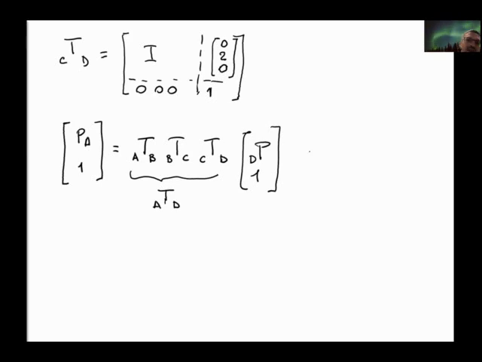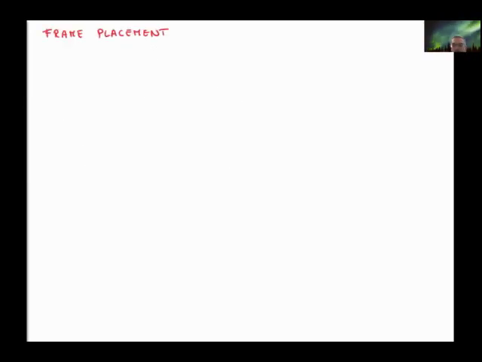And if you try MATLAB with this data, there is an exercise, you will get these values. Okay, everything I hope is clear.